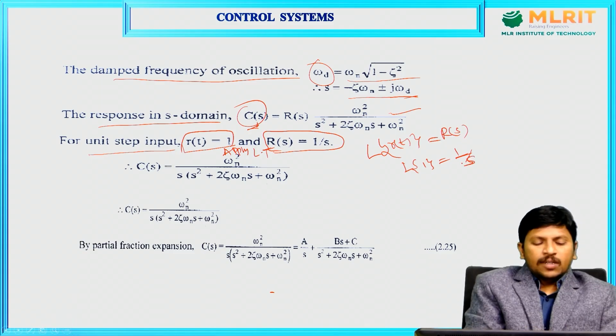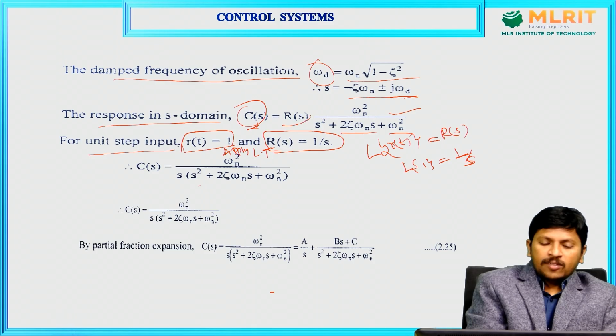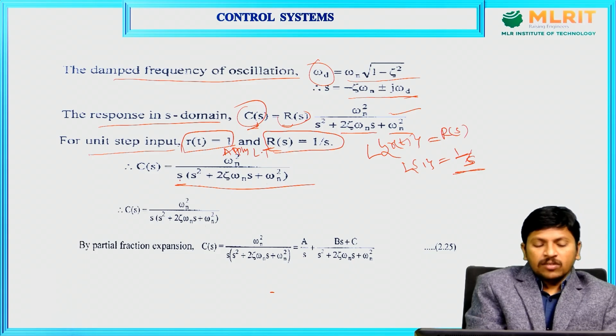Here C of s equals R of s into omega n square divided by s square plus 2 zeta omega n s plus omega n square. In place of R of s, substitute 1 by s. So C of s equals omega n square divided by s into s square plus 2 zeta omega n s plus omega n square.